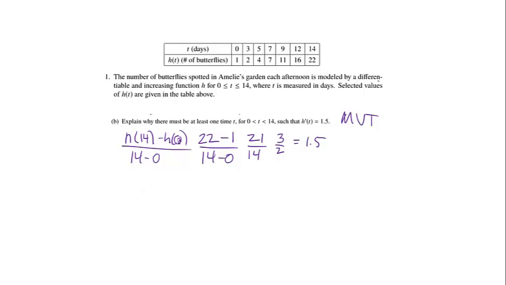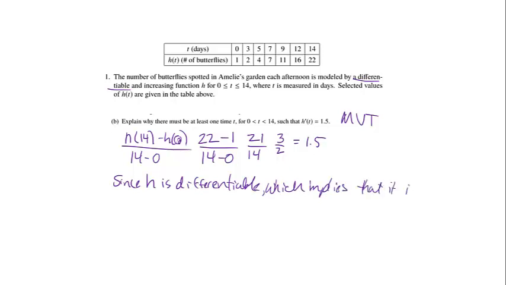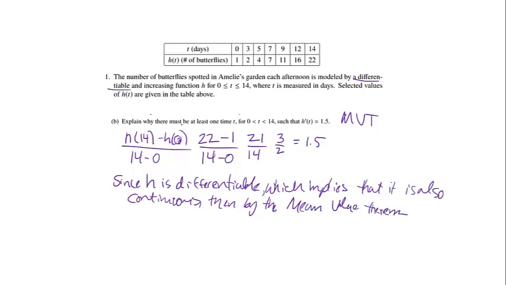And I do need to make sure that it does say that it's differentiable. So it does say. So I'm going to say since h is differentiable, which implies that it is also continuous, then I can say then by the mean value theorem, and then I'm pretty much just going to restate what they put there.